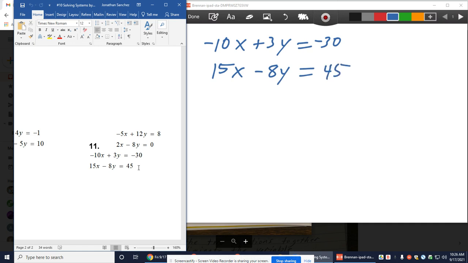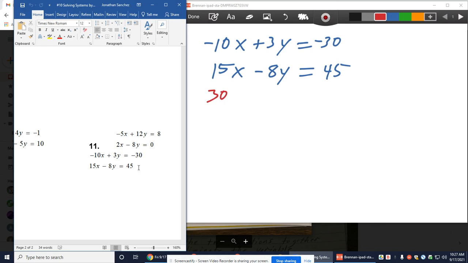All right. This one, the numbers do not match, and the numbers are very, very different. Okay? So when I need the least common multiple, what number can I multiply 10 by, and what number can I multiply 15 by to get the same result? The least common multiple for 10 and 15 would be 30.